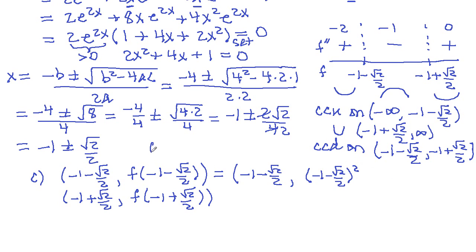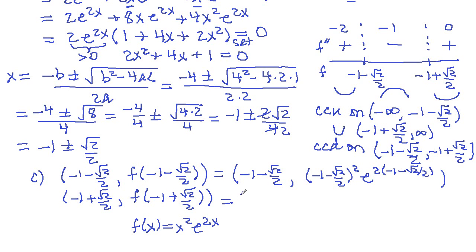Remember f of x is x squared e to the 2x. So there's the x squared part, and then e to the 2 times negative 1 minus root 2 over 2. So that's our y-coordinate there.